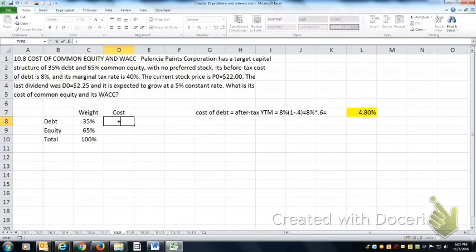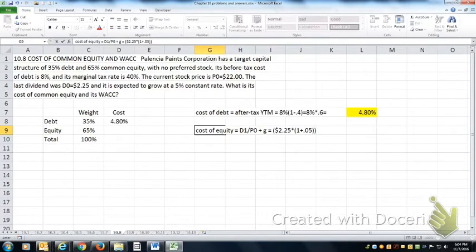Alright, so I'm going to pull that number over here into my table. Here we have the cost of equity would be equal to D1 over P0 plus G, which is D1 would be 2.25, that's D0 times 1 plus the growth rate.